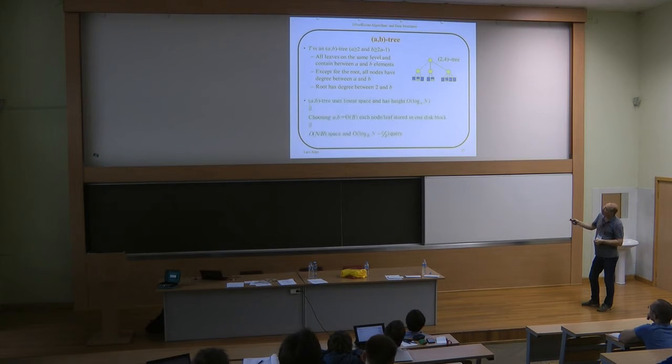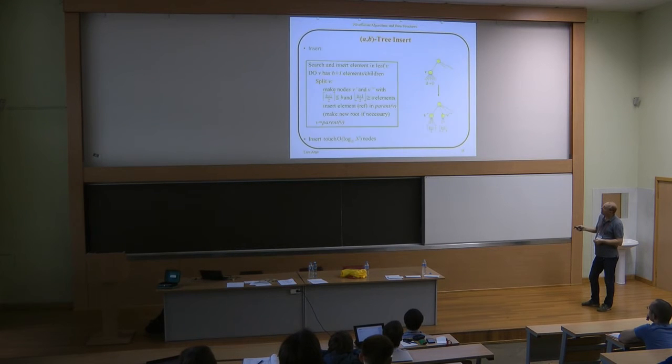Well, I chose A and B such that I'm sure that if I take a node with B plus 1 and I divide it by 2, I definitely get more than A. So I know that both of these nodes have more than A children. So they're okay. They're between A and B.